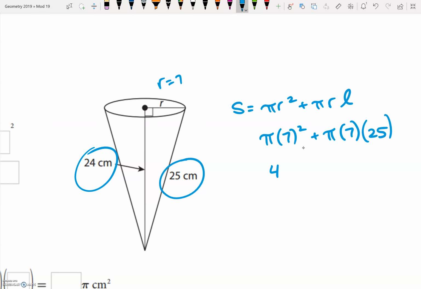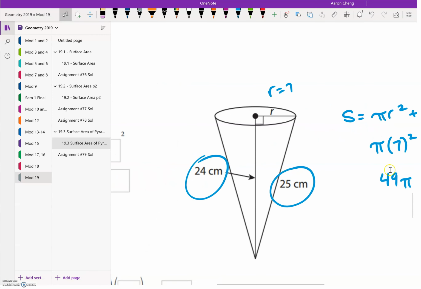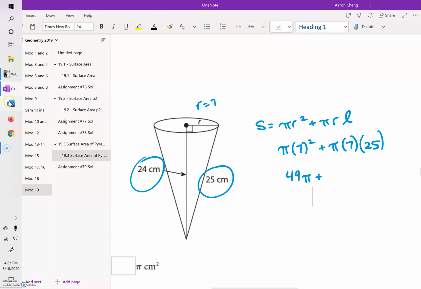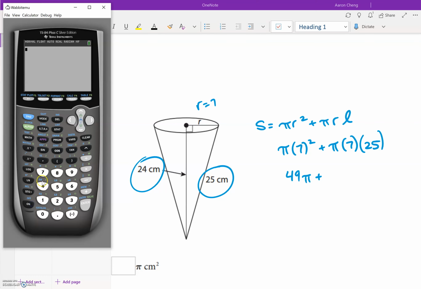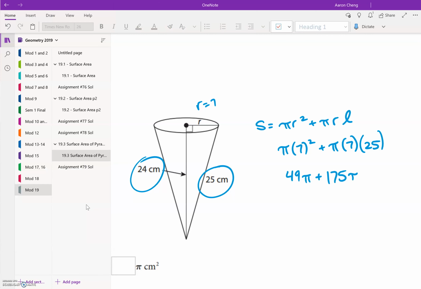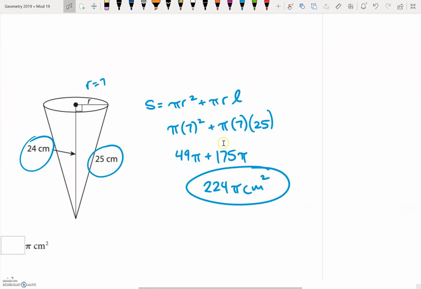Oh, that's nice. 49 pi plus 7 times 25, which is 175 pi, plus 49 pi. 224 pi centimeters squared. And then you can go ahead and multiply that yourself to figure out round to the nearest tenth.